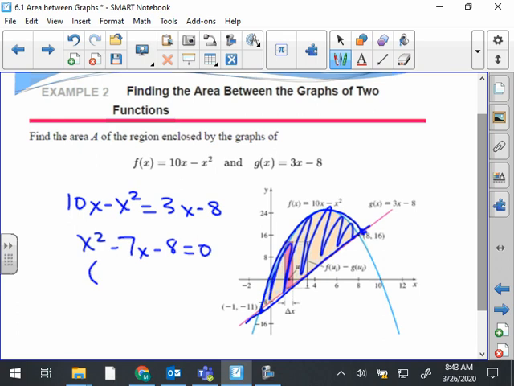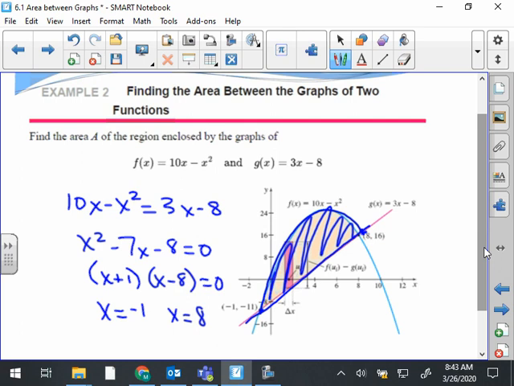I could factor this, and I would get x plus 1 times x minus 8 equals 0. And here we see x equals negative 1 and x equals 8. So those are my intersection points.